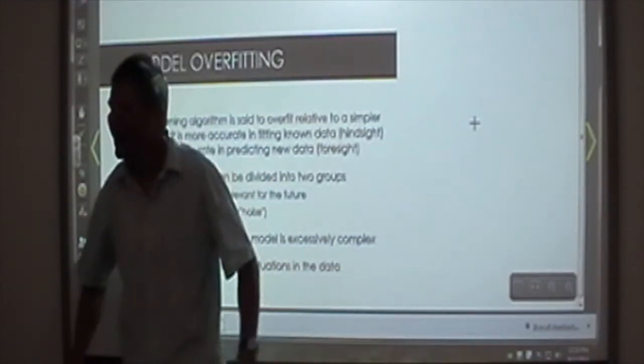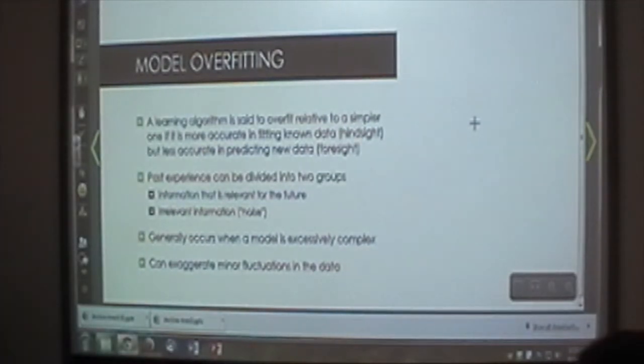It's more accurate than fitting. I guess I can't block the screen, right? Spot on, it fits the known data. I was just going to say, trying to fit as much data into the algorithm as you can, and then you end up with more data than you actually need.